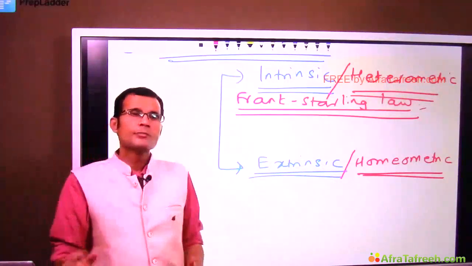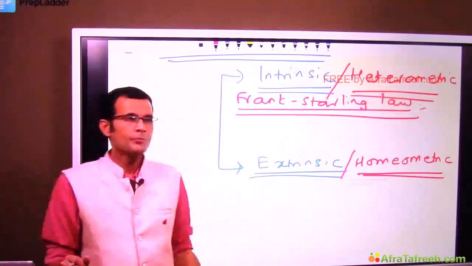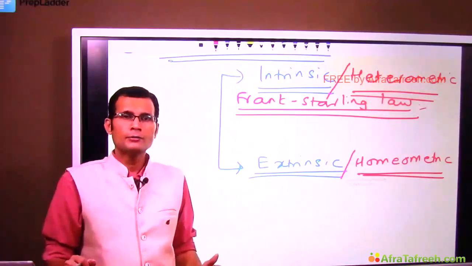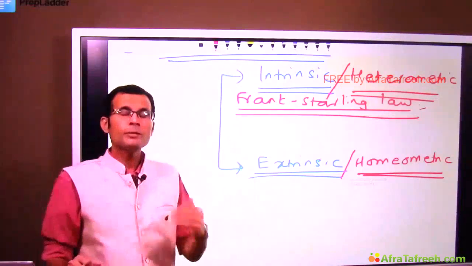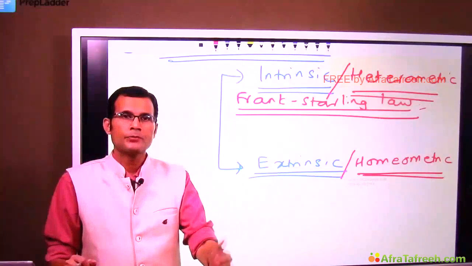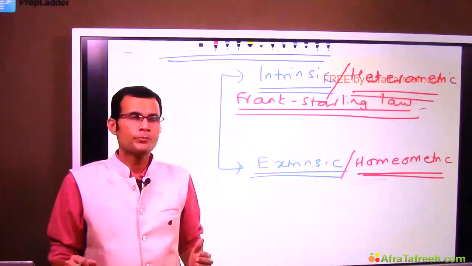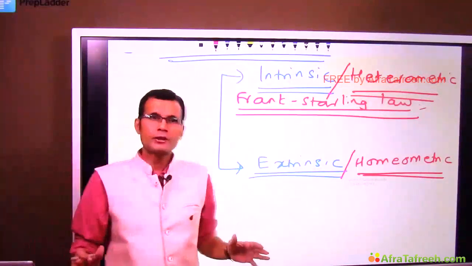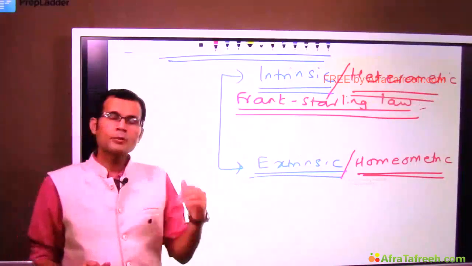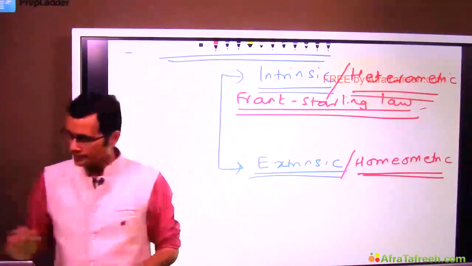It says within physiological limits, greater the amount of blood returning to the heart, greater will be the blood pumped out by the heart, greater will be the stroke volume. That's Frank-Starling law. So greater the venous return, more will be the stroke volume and cardiac output.